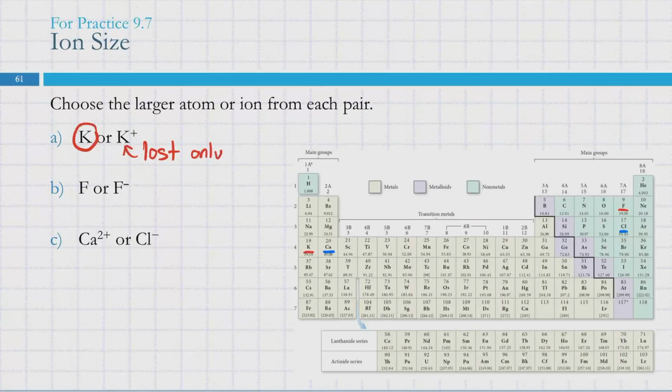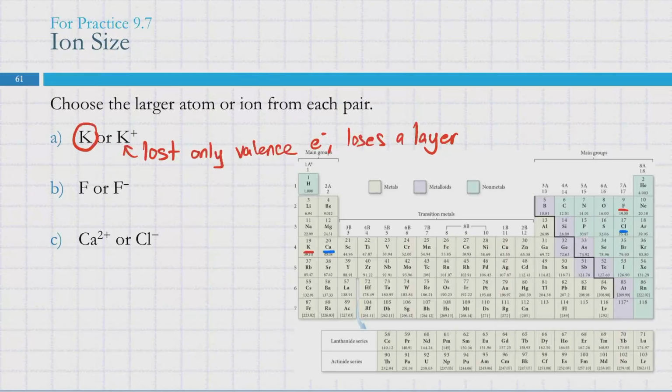Yeah, it loses an outer shell, or its outermost shell. So K plus lost its only valence electron, and it loses a layer, if we think about it like a cake or an onion.